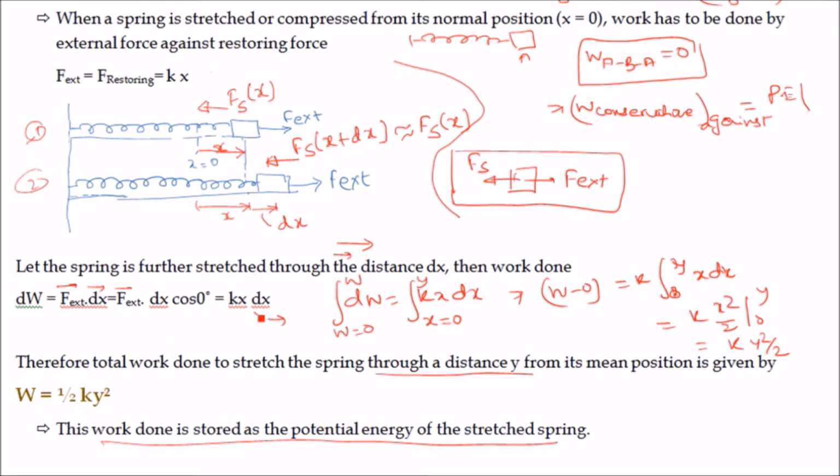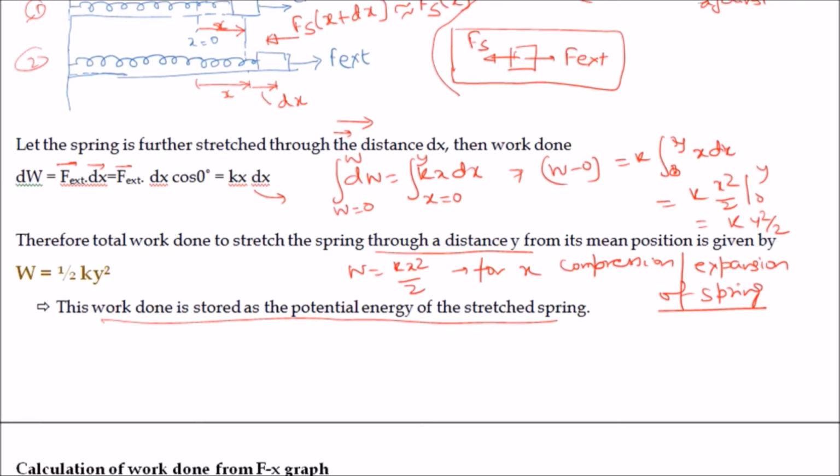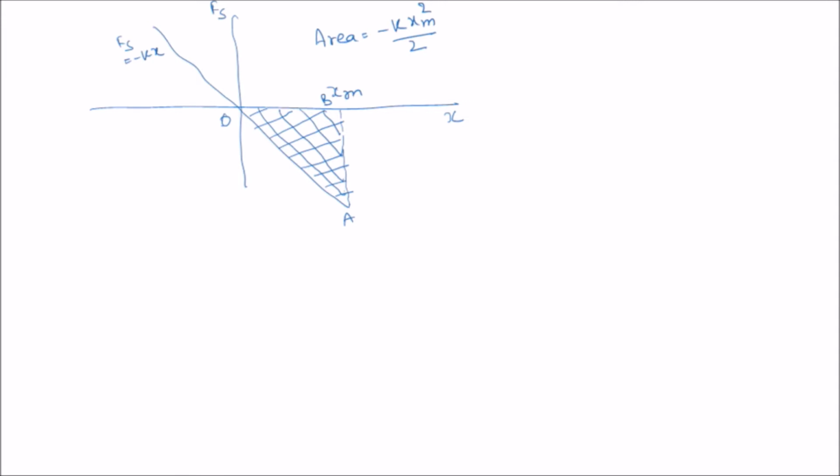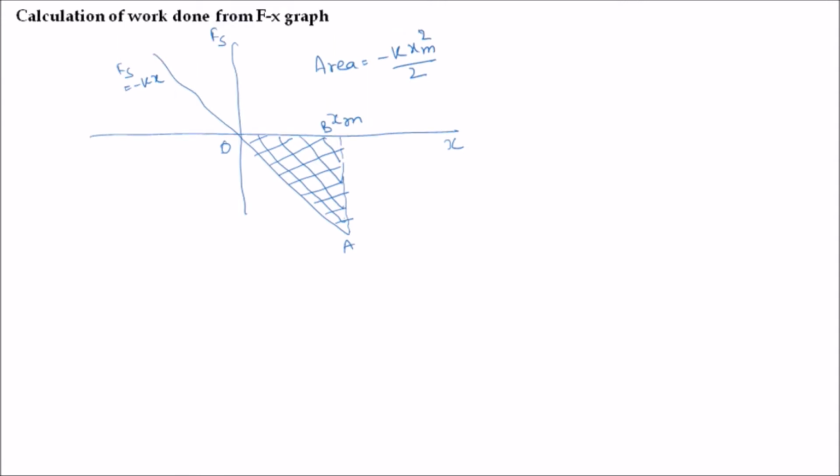So whenever we make a stretch of x or a compression of x, the work done will be equal to k x square by 2, for compression or expansion of the spring, and this work done k x square by 2 will be stored in the spring as potential energy. Now we will move to the next concept, how we will calculate the work done from the F-x graph.